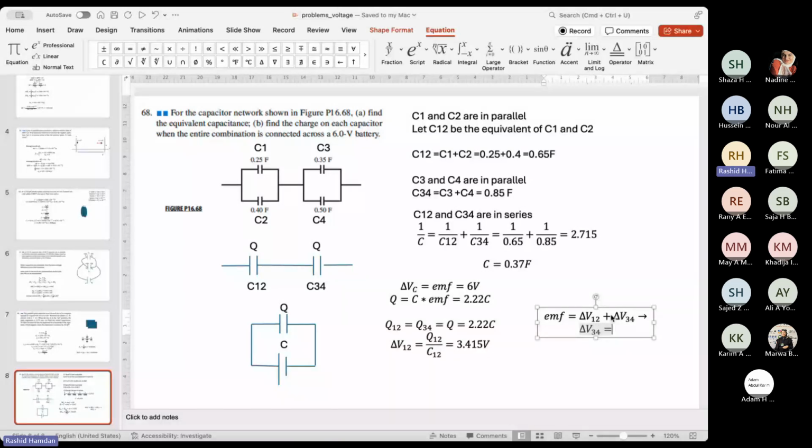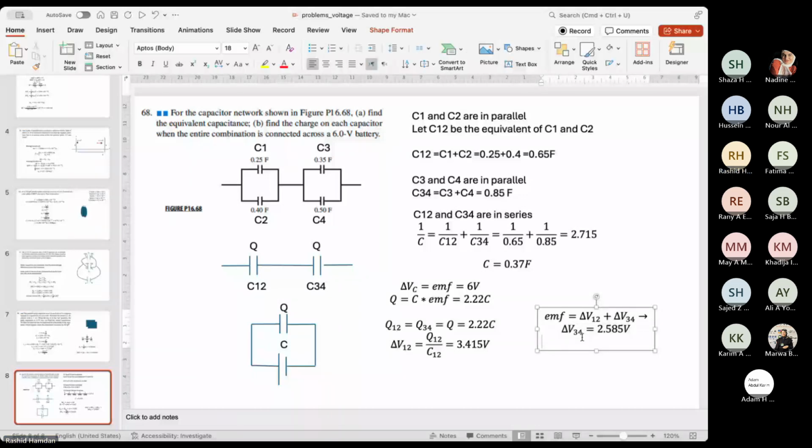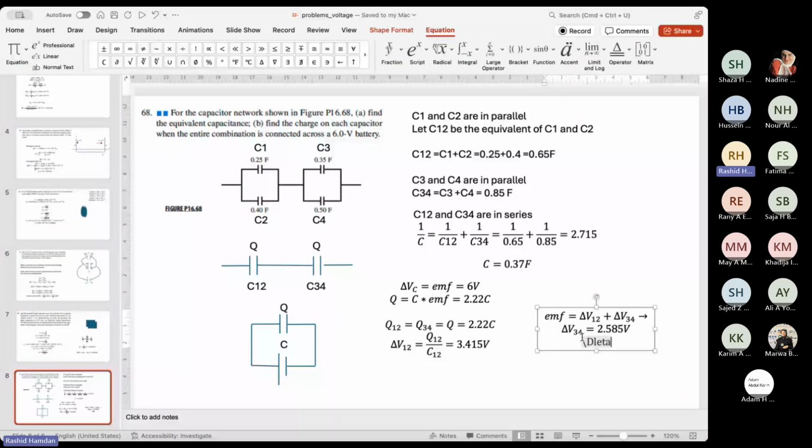So that gives me 2.585 volt. Or I can say that delta V34 is equal to Q34 over C34.